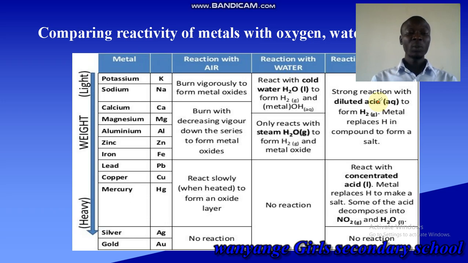Those ones are potassium, sodium, calcium, magnesium, aluminium, zinc, and iron. Then there are those that will not react with dilute acids, but with concentrated acids. We have lead, copper, mercury, silver, and gold. Those ones will react with concentrated acids.